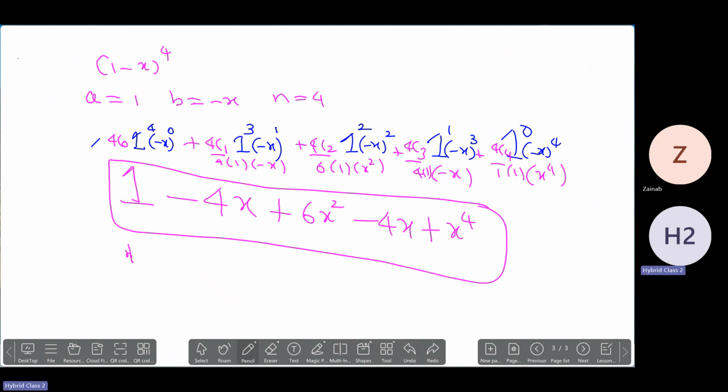This term is also minus 4x cubed. It cannot be combined because those terms are unlike terms. So 1 minus 4x plus 6x squared minus 4x cubed plus x power 4. That's the answer.